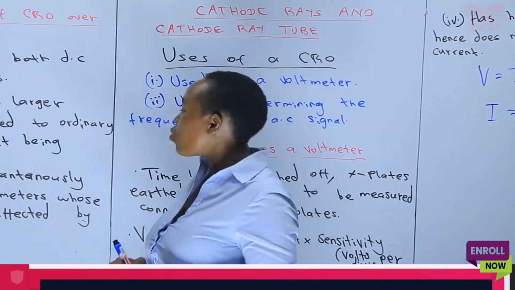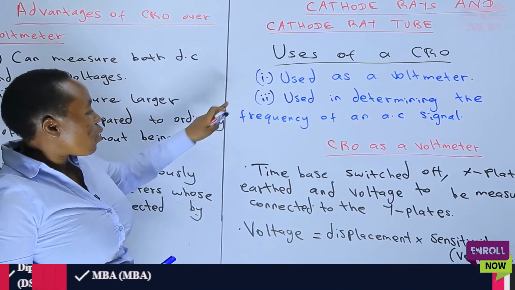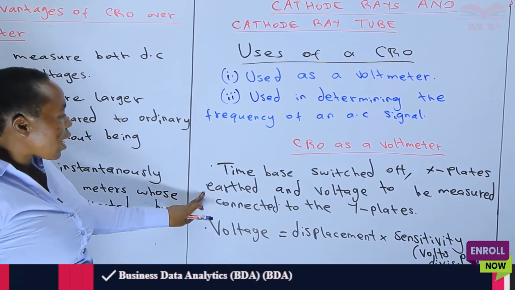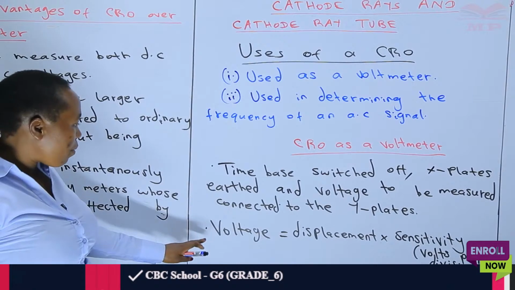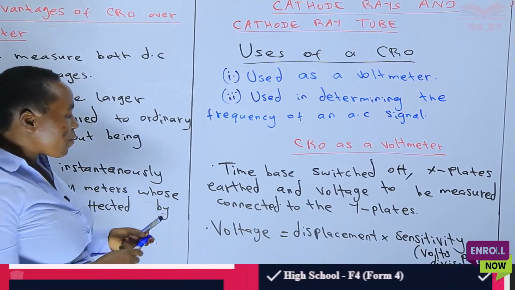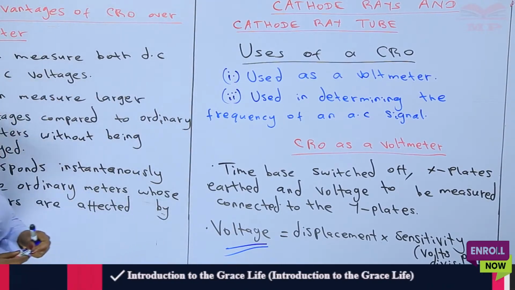So those are the uses of a CRO. The first use, which we have just discussed, is as a voltmeter: when the time base is switched off and the X plates are at zero, the voltage can be measured while connected to the Y plate. And voltage, we have seen, will be given by the displacement multiplied by the volts per division.